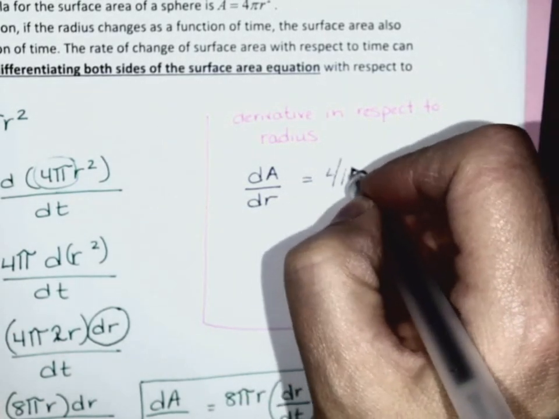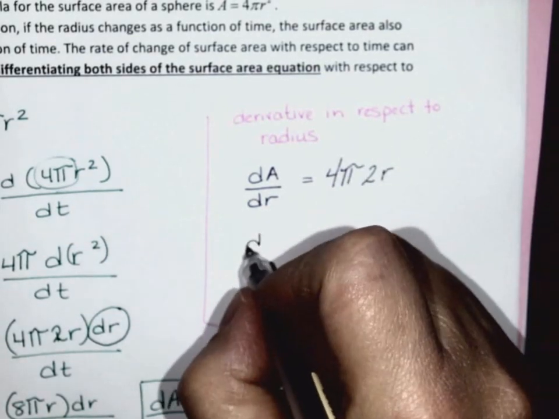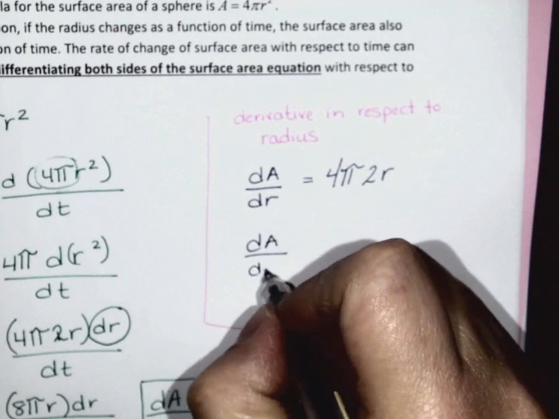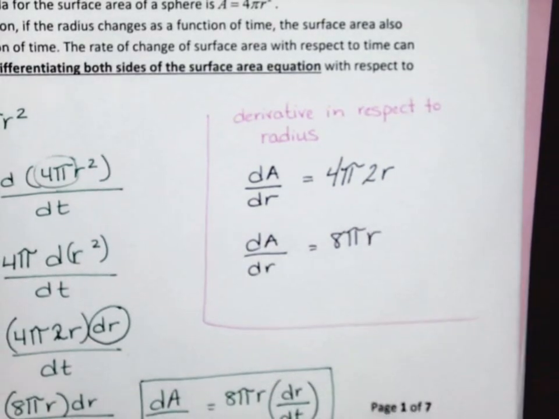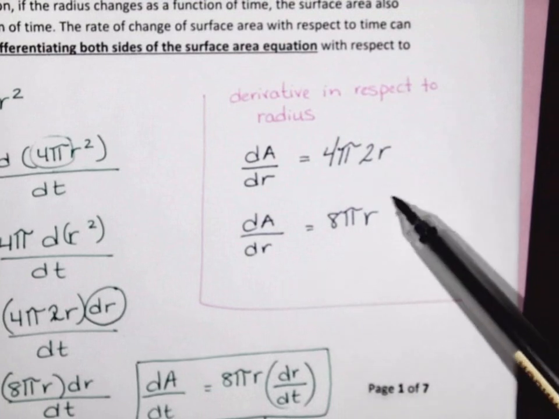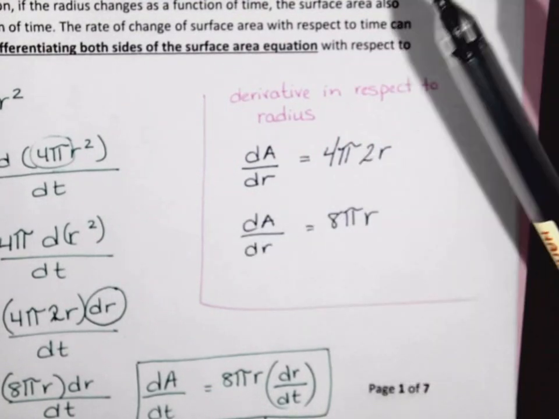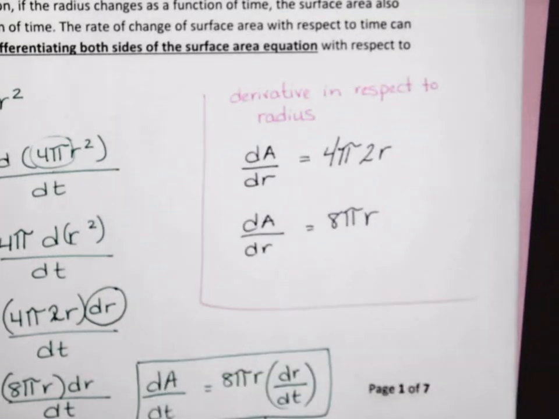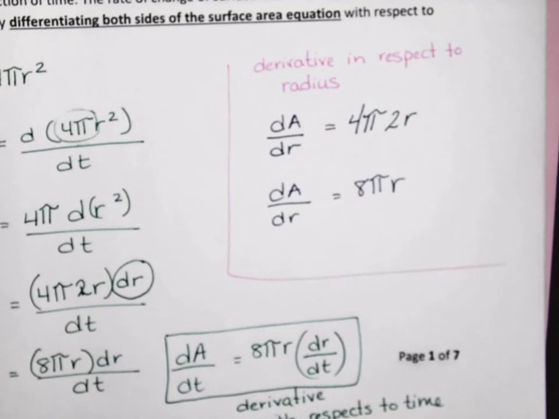You wouldn't have to add anything else. So if it was just with respect to radius, this is all we would have to do. But because we did this one with respect to time, because time affects all parts of it, this is where the dt on the bottom comes in.